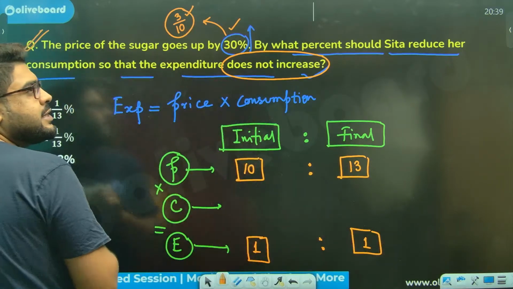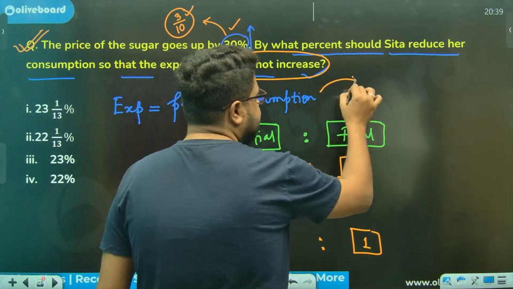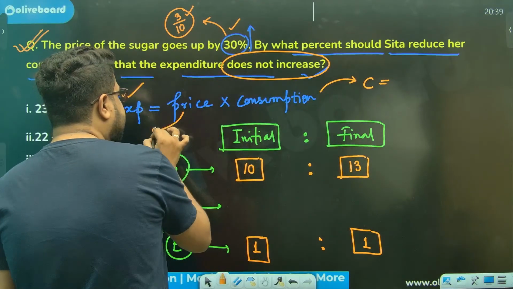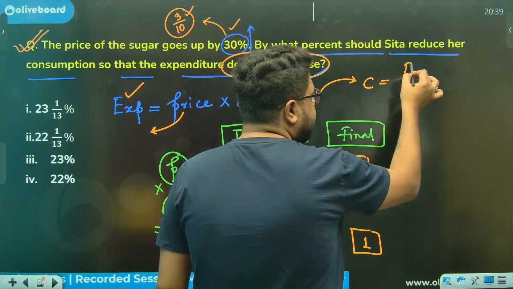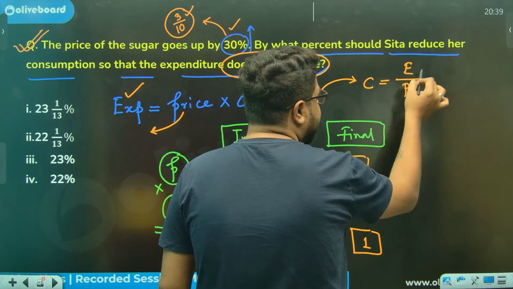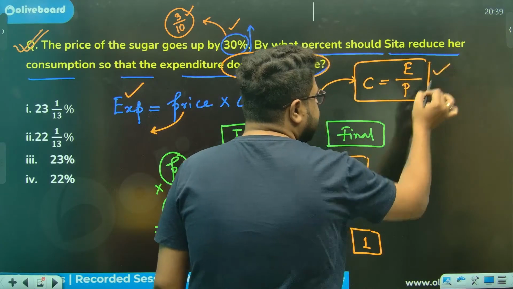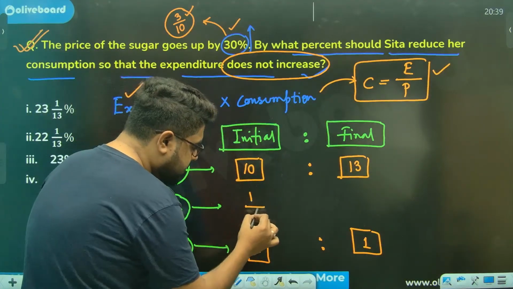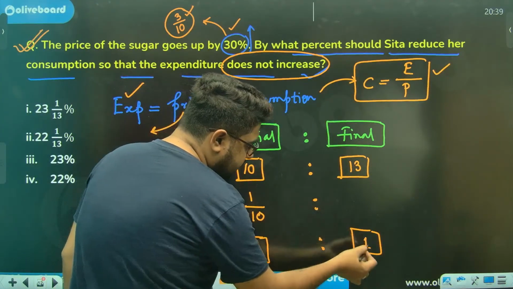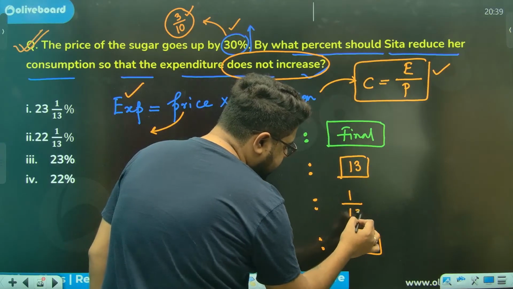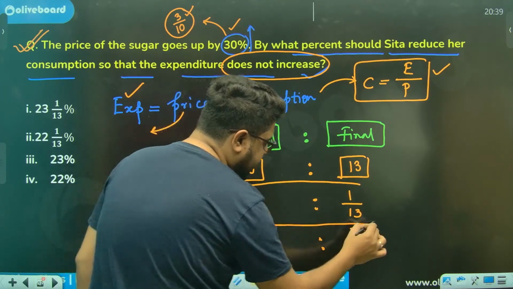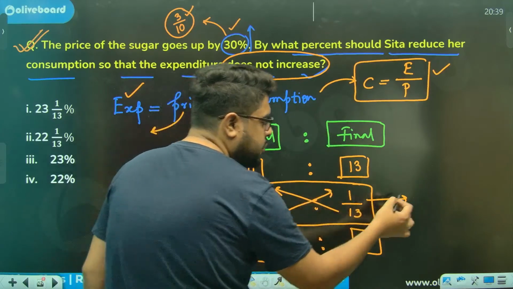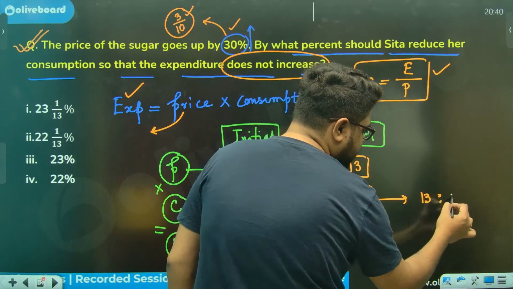Now, what will be consumption? From here, can I say consumption will be expenditure divided by price. If I use this 1 divided by 10 ratio, here 1 divided by 13. Write this properly, crisscross, it will always be crisscross. So 13:10.